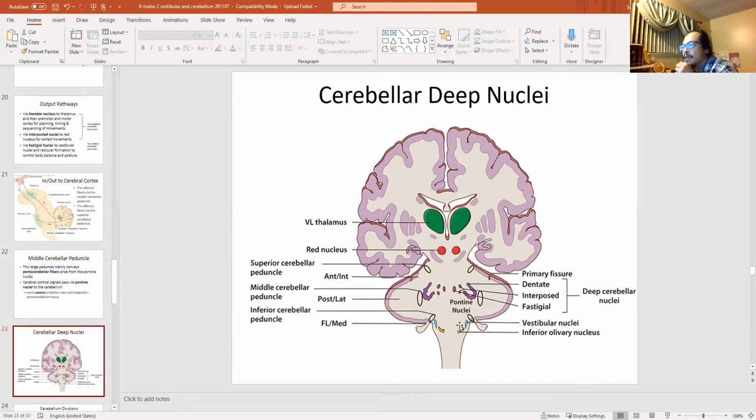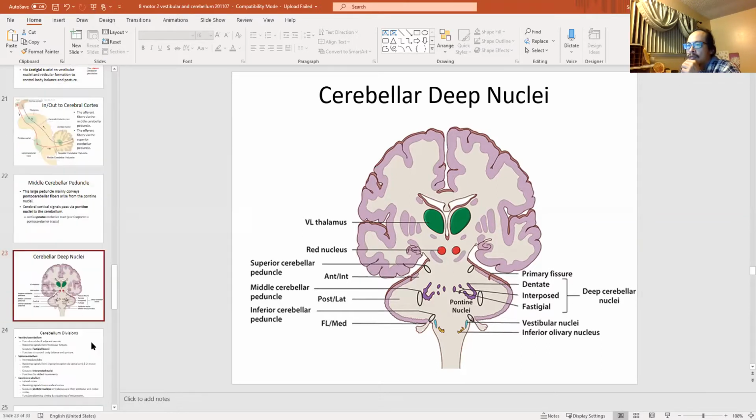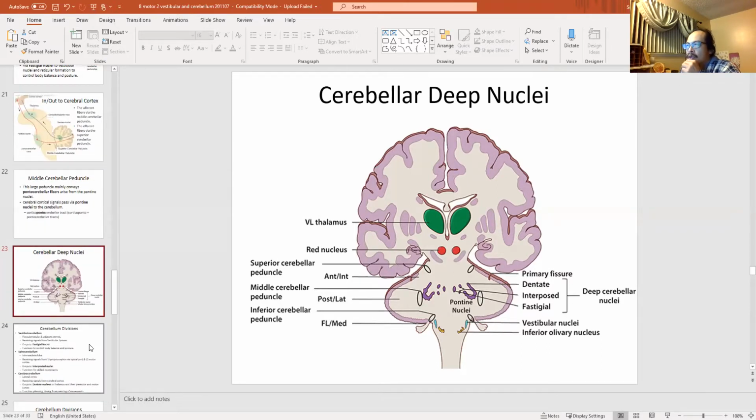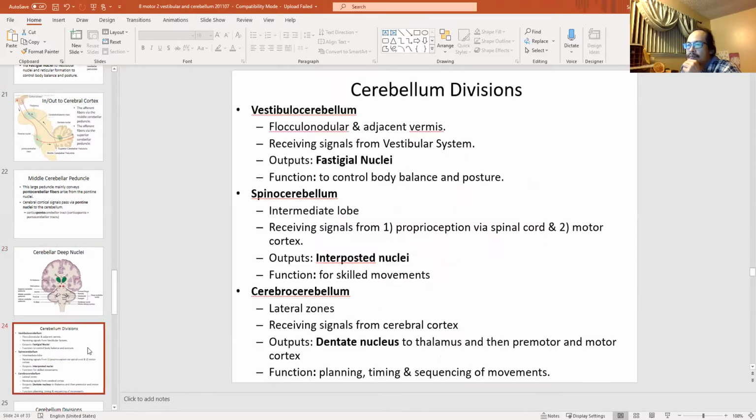To better know the structure or design of these 3 deep nuclei, we need to know about the 3 divisions of the cerebellum. So the cerebellum can be divided into 3 divisions. Each one uses different deep nuclei as its output signal.